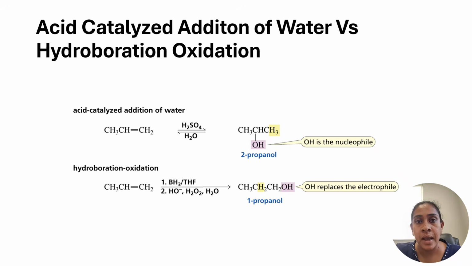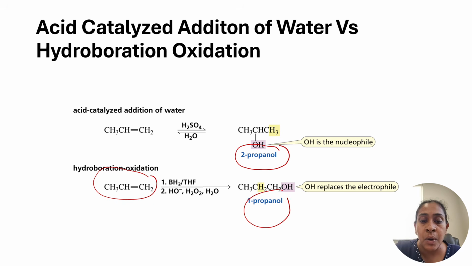The comparison highlights the opposite regiochemistry of the two hydration methods. When propene undergoes acid-catalyzed addition of water, the reaction follows Markovnikov orientation and produces 2-propanol with an OH on the more substituted carbon. When the same alkene undergoes hydroboration oxidation, the OH is going to appear on the less substituted carbon, and it is going to produce 1-propanol instead.